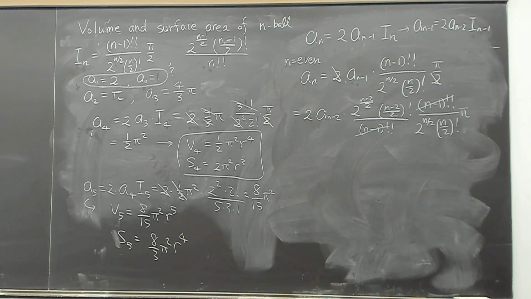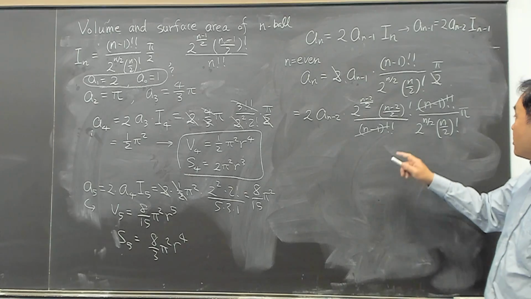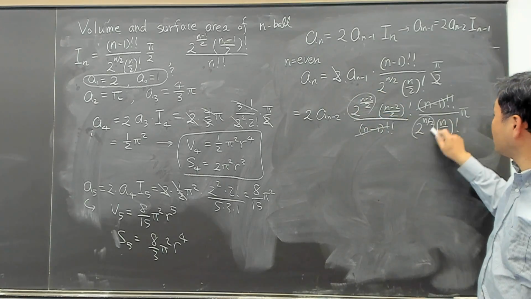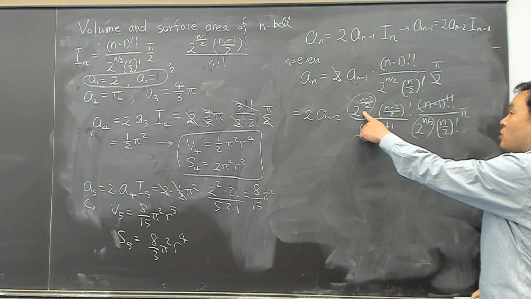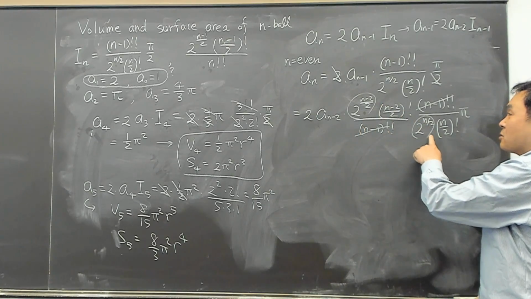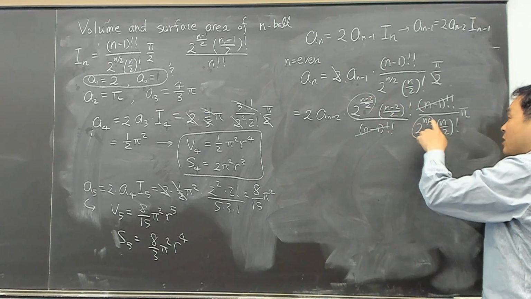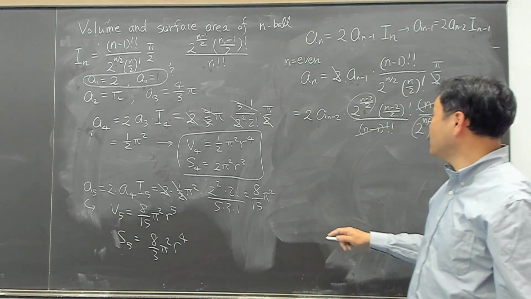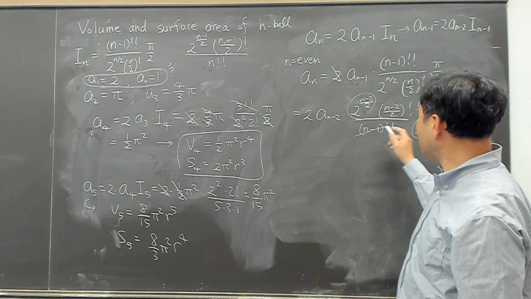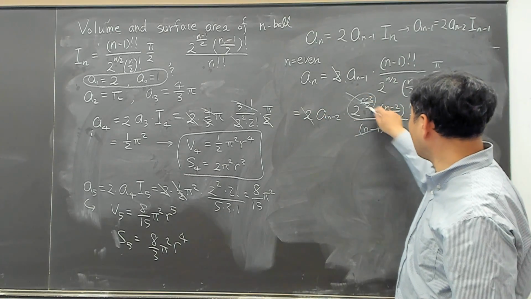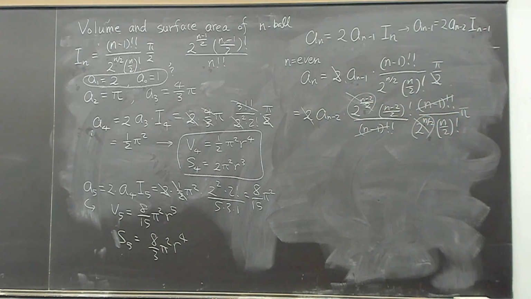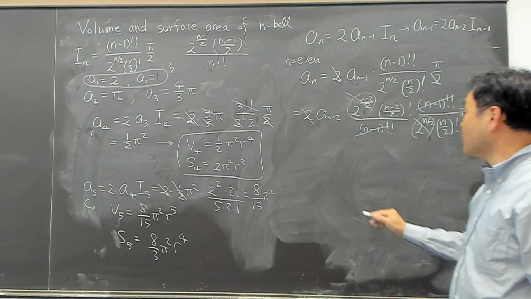and then let's see, this one has one less 2 than this one, okay? So in other words, when you divide and subtract the exponents, if you do this minus this, you get negative 1. And that extra 2 is going to cancel with this one. So all of these 2's are going to cancel. It's quite nice.